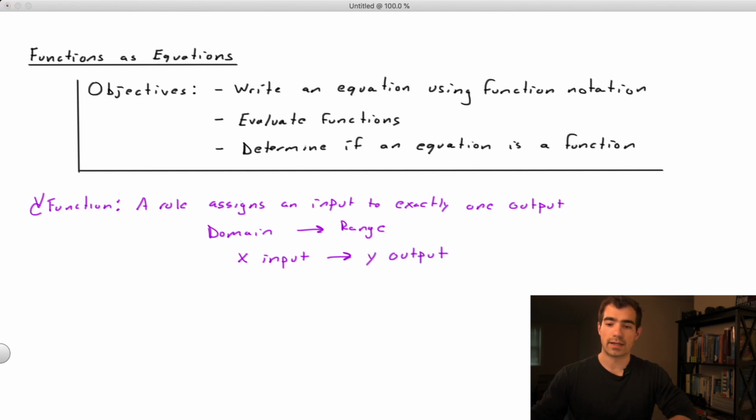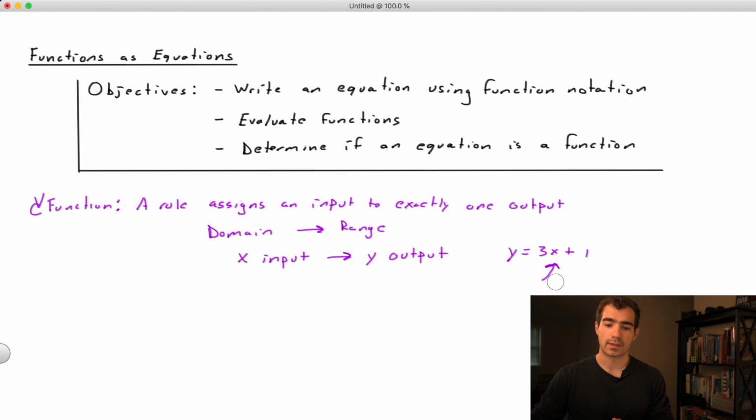Okay, and so when we write an equation, even something like y is equal to 3x plus 1, we have this sort of built in, right? We can plug a number into x, evaluate the expression on the right-hand side of that equation, the 3x plus 1, and then get a value for y.